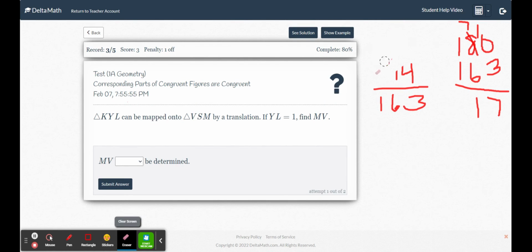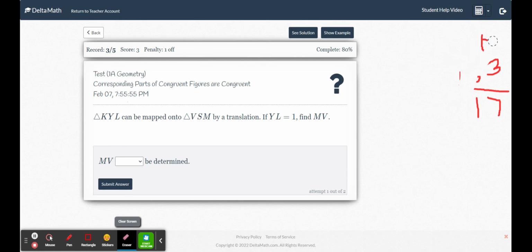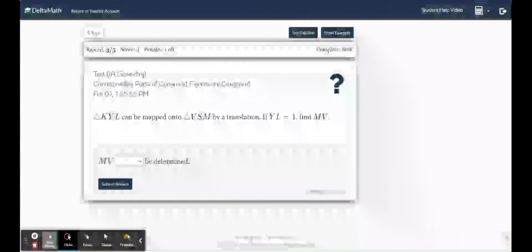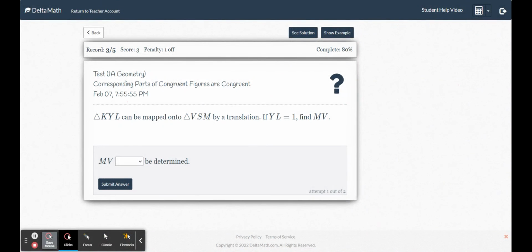So this question pretty much lines up to be kind of similar. And what it's saying is, if I have triangle KYL, 1, 2, 3 again, KYL can be mapped onto triangle VSM by translation. If YL, so YL is 2 and 3, is equal to 1, find MV.